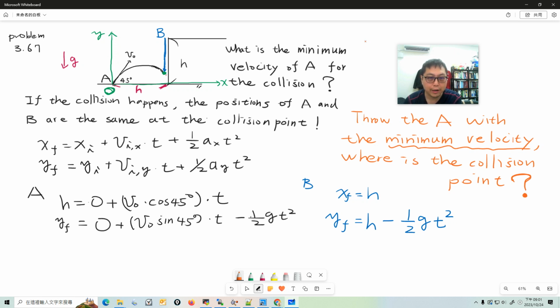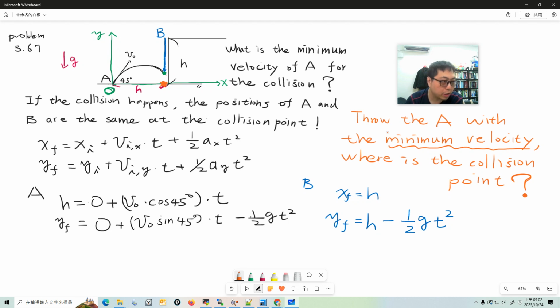So let me just answer this question for you. If I really throw the ball at A with the minimum velocity, the collision point will be right here.